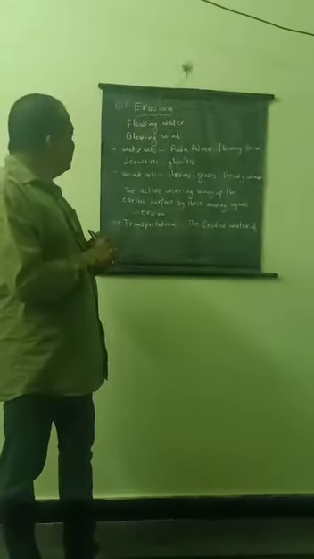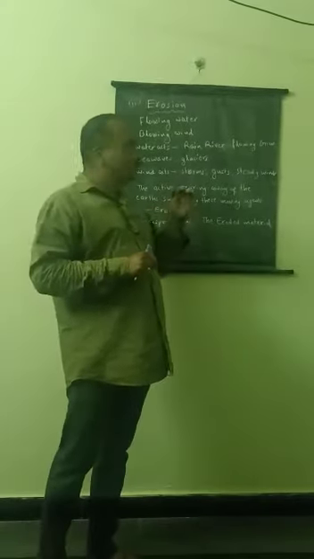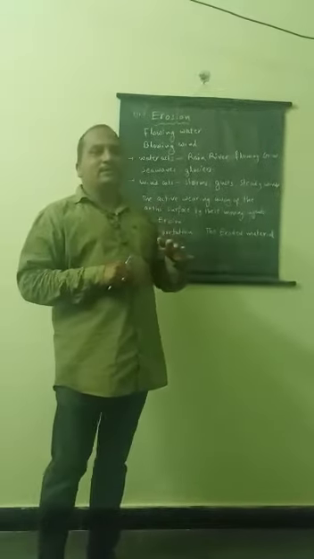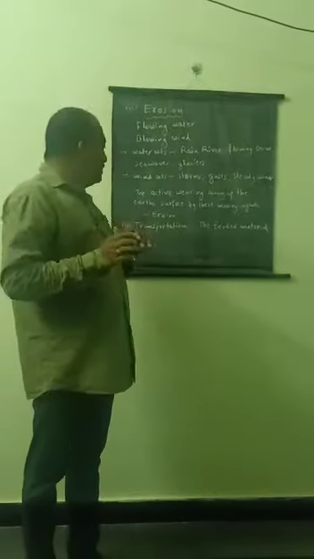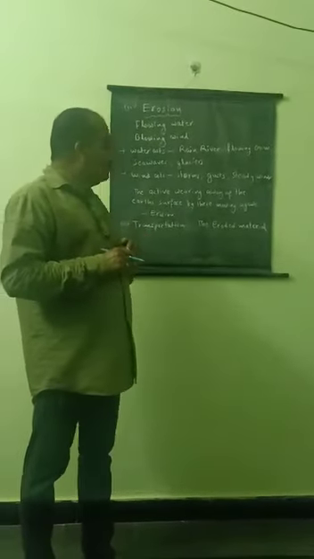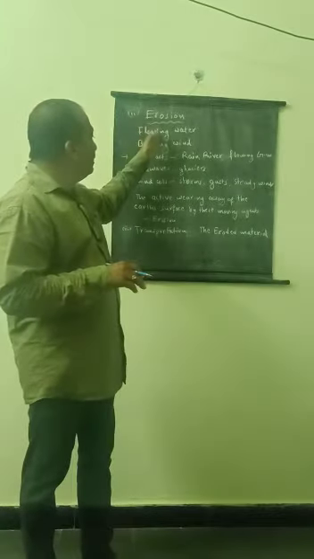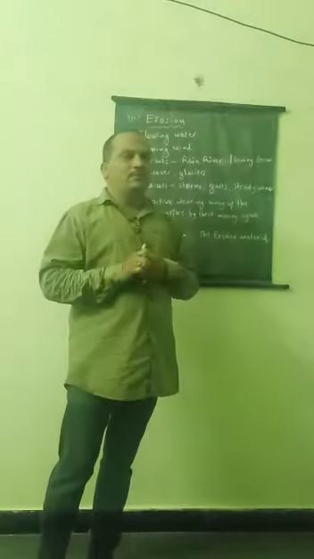Next one is blowing wind. Wind acts as storms, gusts, steady winds, seasonal winds. The active wearing away of the Earth's surface by these moving agents, flowing water and blowing wind, is called erosion.